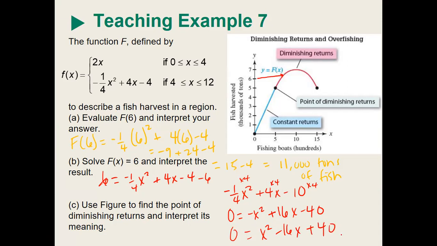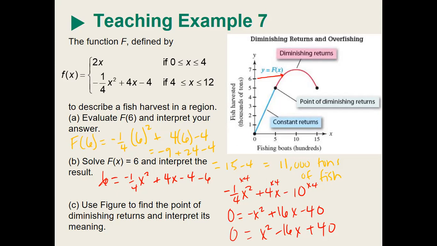What multiplies to give me 40, but adds to give me -16? Can we think of anything that multiplies to give us 40, but adds to give us 16?